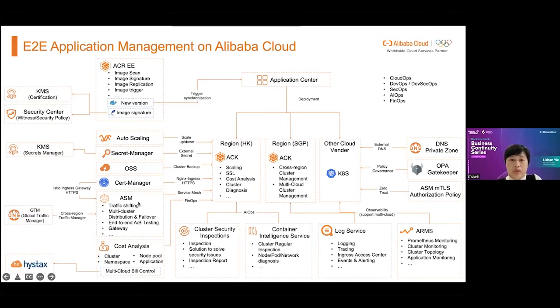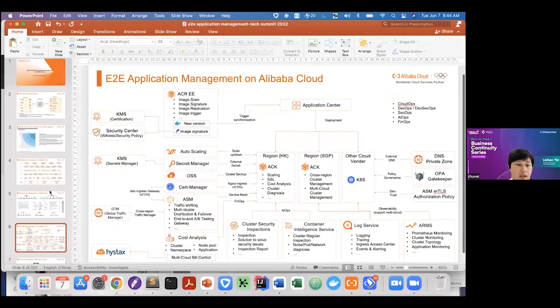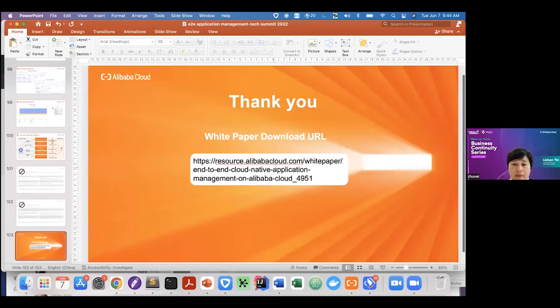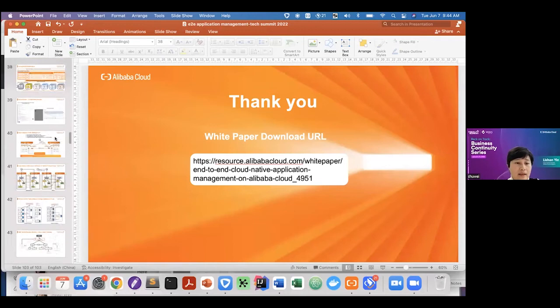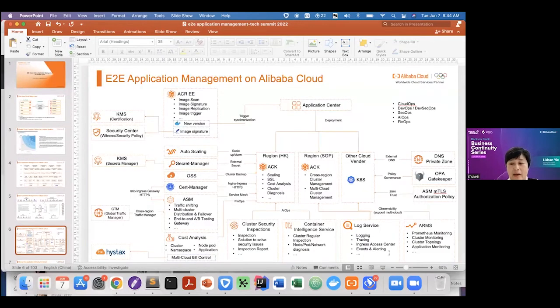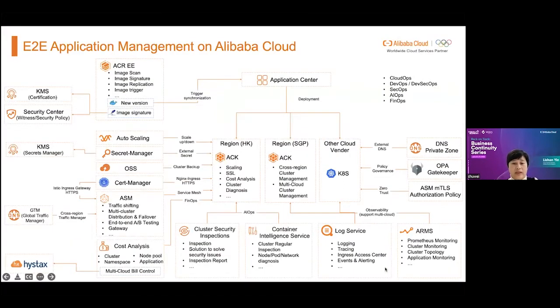Because we do not have enough time, I will quickly go through the basic features. Finally, you can find the white paper from here, with all of the features, how to do that, and a step-by-step demo.